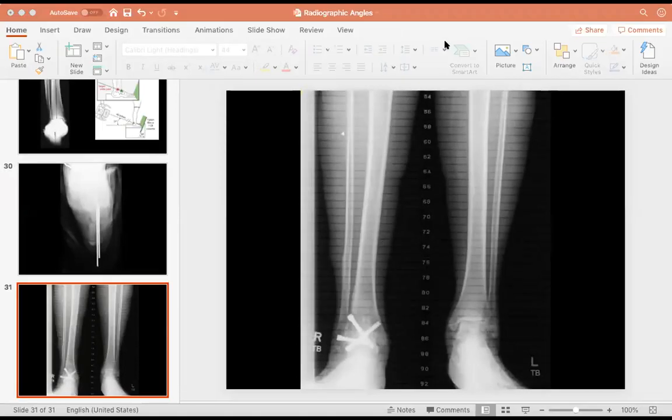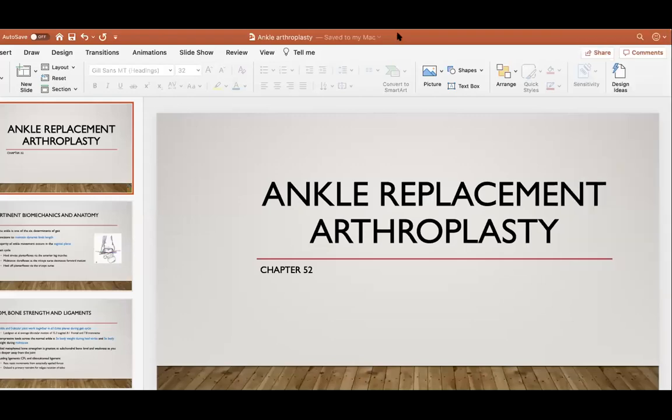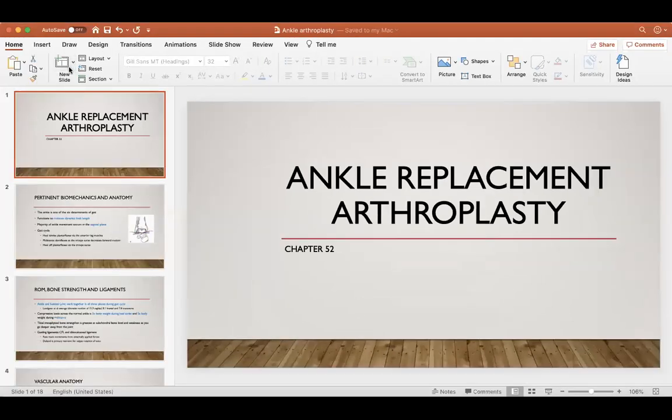It says I can't share until the other participants stop sharing. I can fix that. There we go. Stop sharing. Okay. Can everyone see this? I can see it.